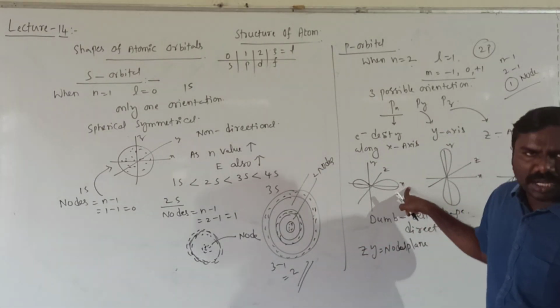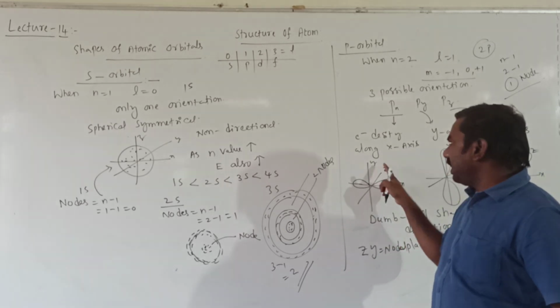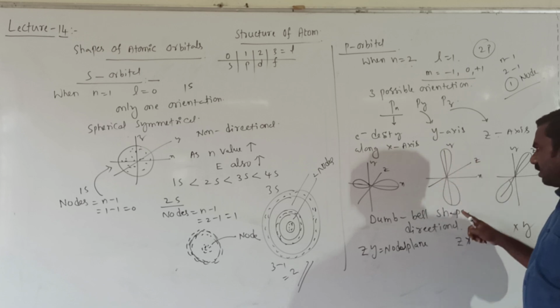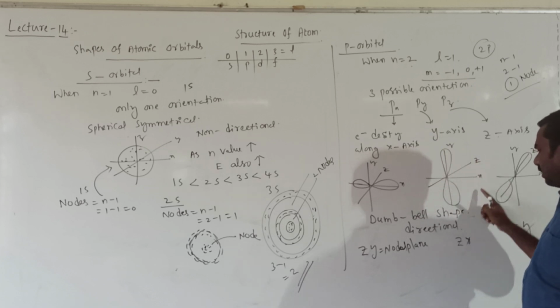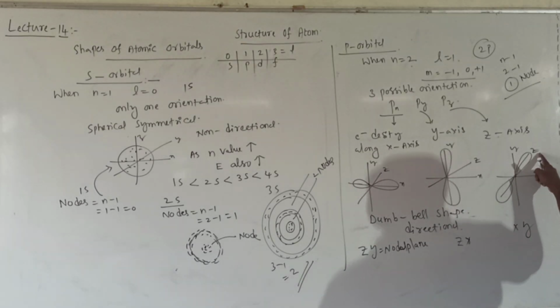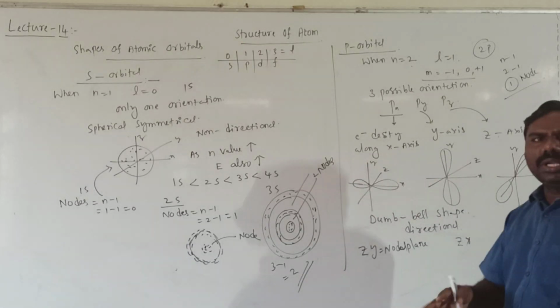On x-axis electron density maximum, zy plane is no density. On y-axis more electron density, xz plane no electron density. On z-axis maximum, xy plane no electron density.